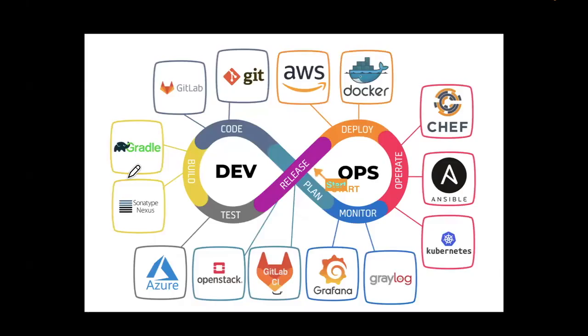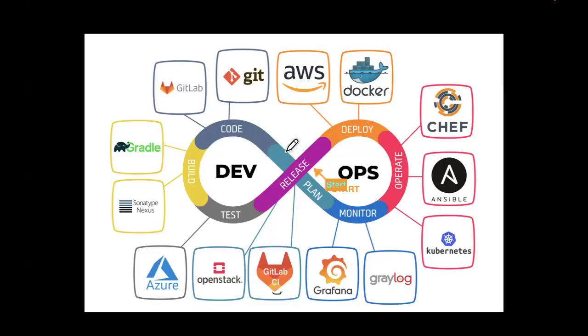DevOps is essentially the same idea. And if you read anything about DevOps, you would have seen this number 8 sideways illustration of the DevOps process. Forget about all of this stuff up here and down here. This is the DevOps software development lifecycle.